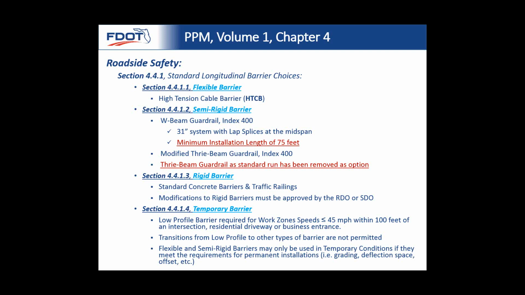The other part of that is slightly raising the post, which is why we see increased deflection. When we went to the 31-inch system with the mid-span splices, we went from an allowable deflection space of 4 feet for our old system to 5 feet for our new system, because to be able to contain and redirect a larger vehicle, you needed to allow more flexibility into the system, and therefore a little bit higher deflection.